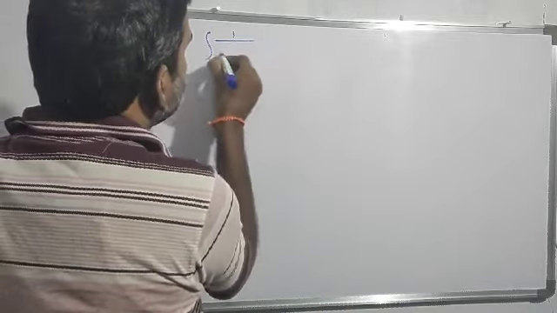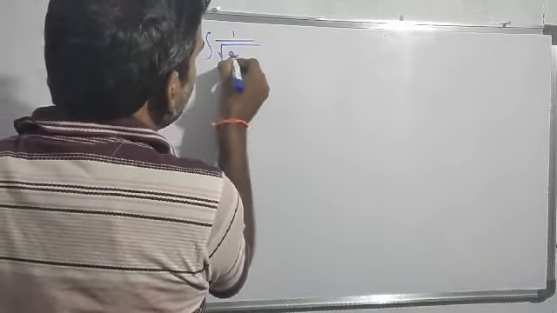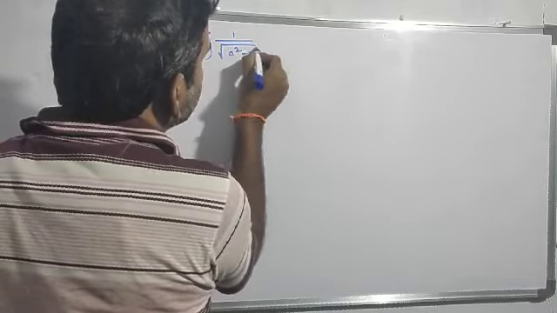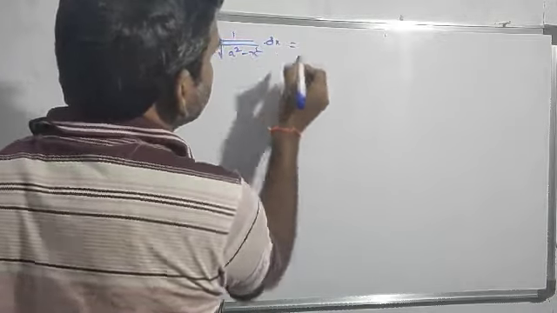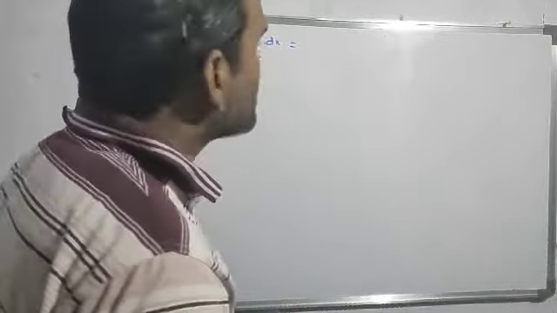Integration of 1 by square root of a square minus x square into dx. This formula is sine inverse of x by a plus c.